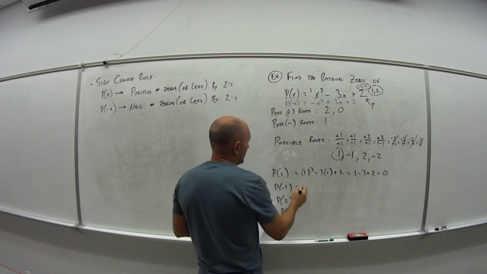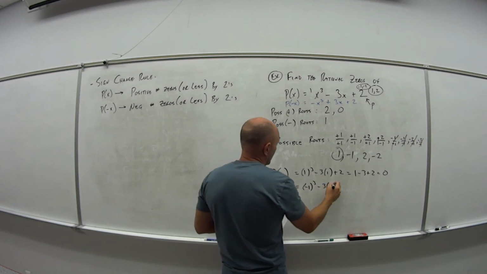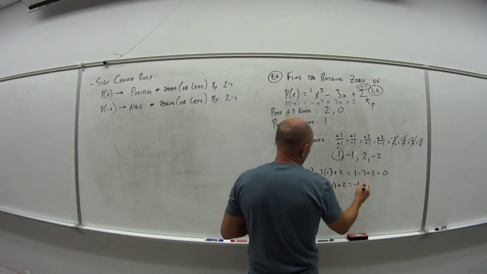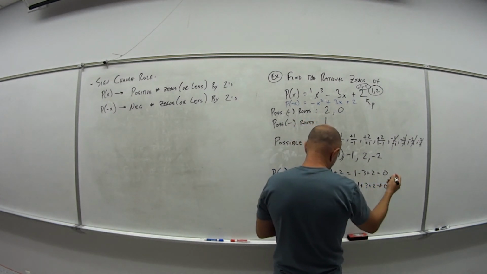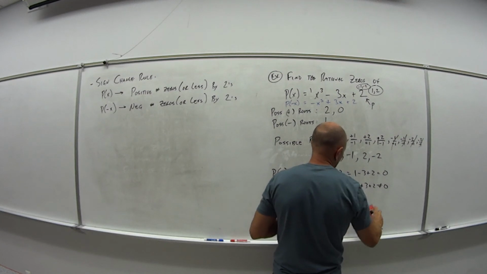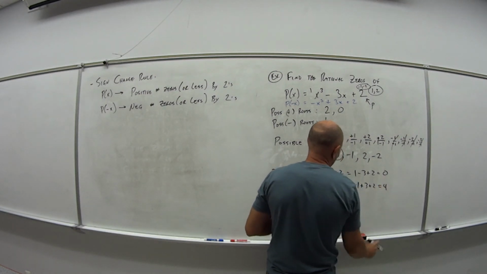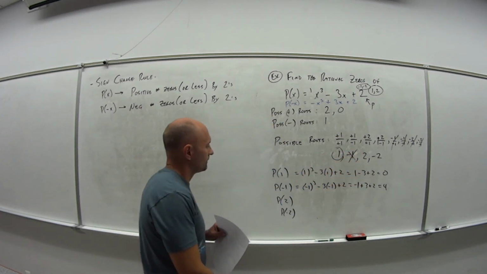How about if I plug in negative 1? Negative 1 to the third minus 3 times negative 1 plus 2. So that's negative 1 plus 3 plus 2. That's not equal to 0. That's equal to 4, which is not 0. So negative 1 is not a root.